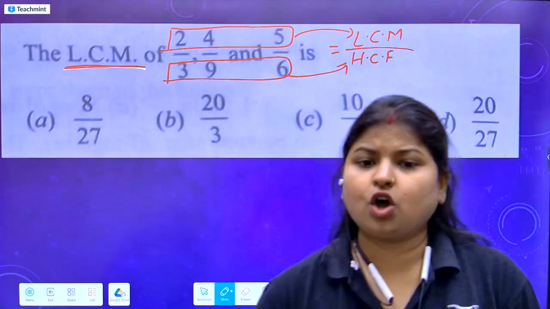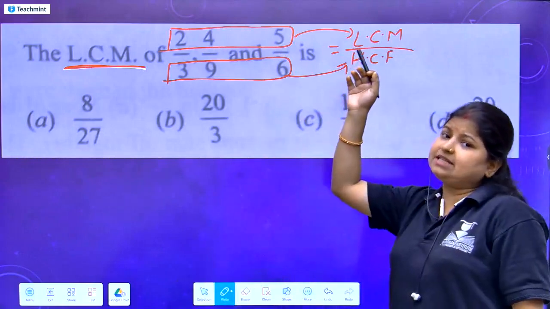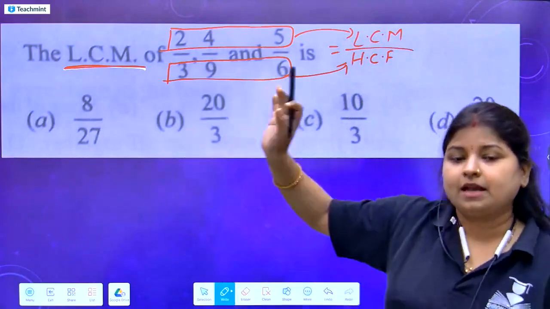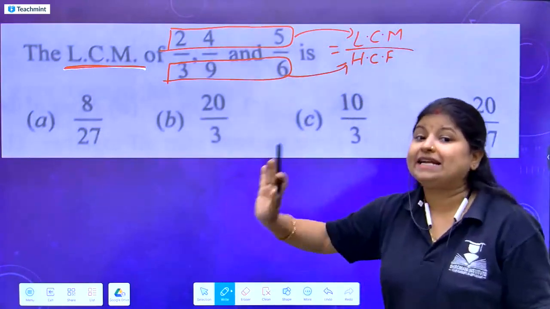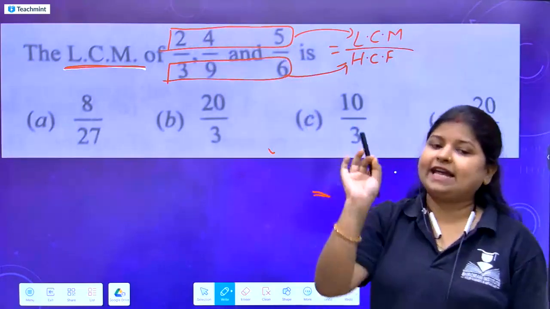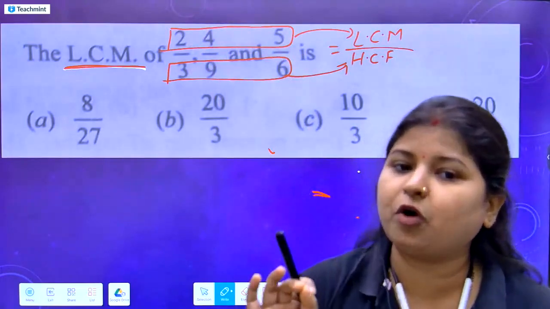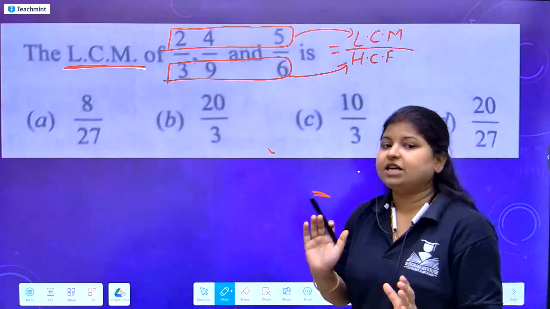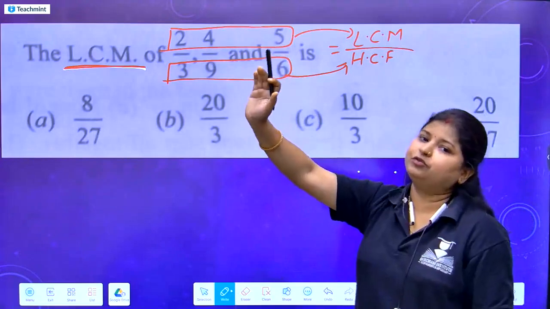So what does this LCM mean? Whatever is the LCM, that number should be divisible by 2, 4, and 5, right? If you are taking out the LCM of 2, 4, and 5, whatever is your answer should be divisible by 2, 4, and 5.